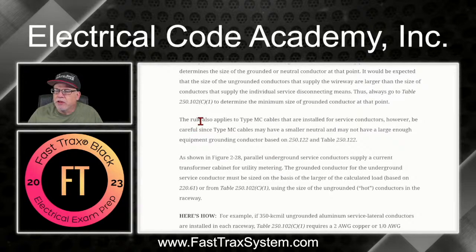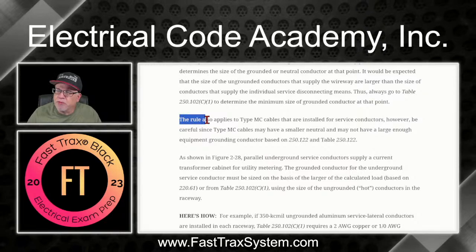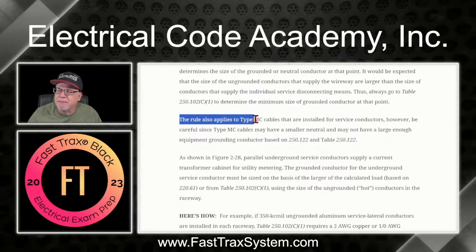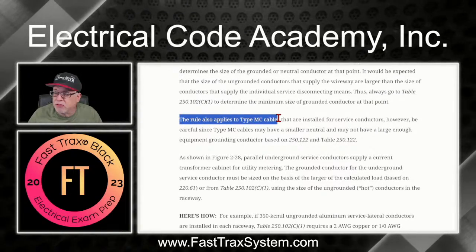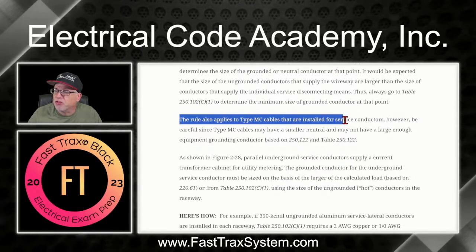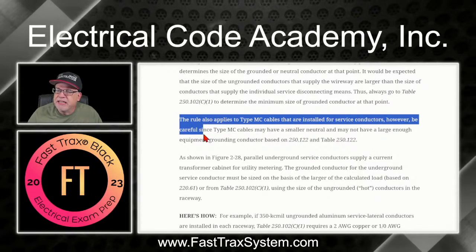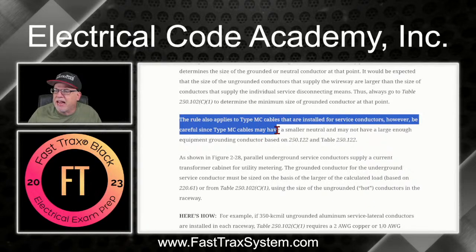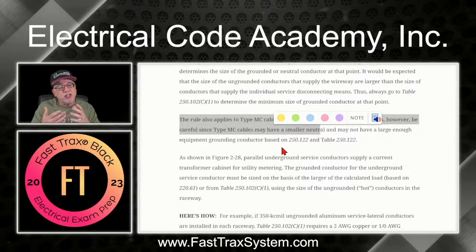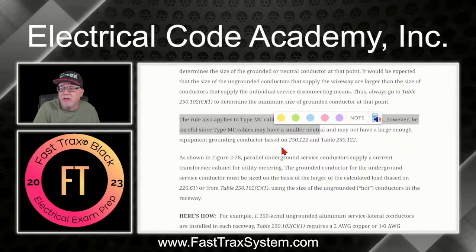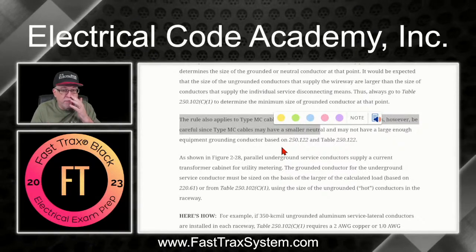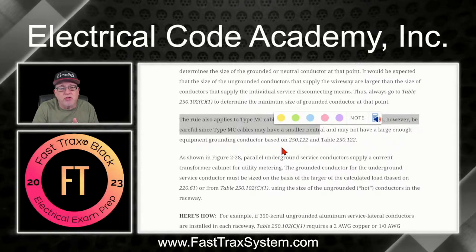Now, this rule also, this is just a reminder, folks. The rule also applies to type MC cable, or tray cable as well, that are installed for service conductors. However, be careful, since MC cable may have a smaller neutral. If you do reduce the neutral, then the neutral may be smaller because it's basically designed by the manufacturer, and they did a reduced neutral.